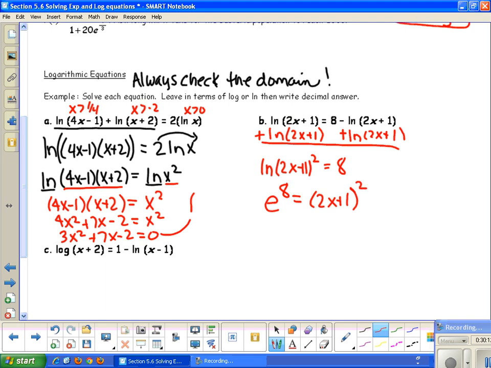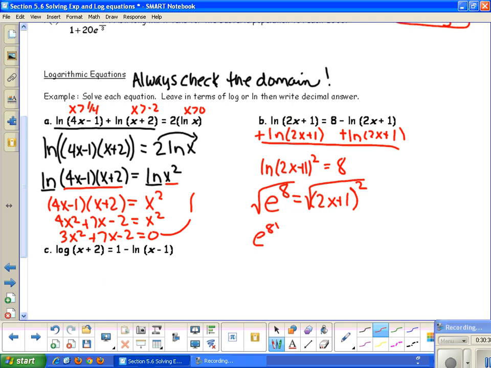You could write it all out if you wanted to. And I know that in order to solve for x, I can take the square root of both sides. But remember, when you're getting rid of an even power, you need plus or minus your solution.